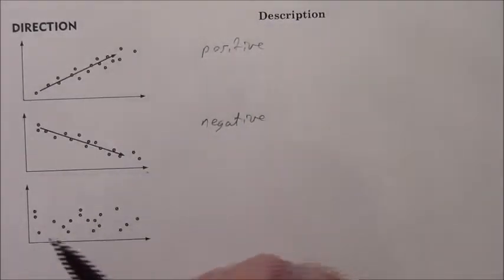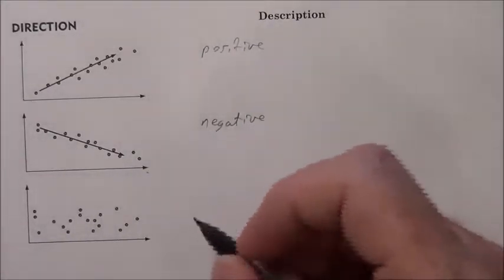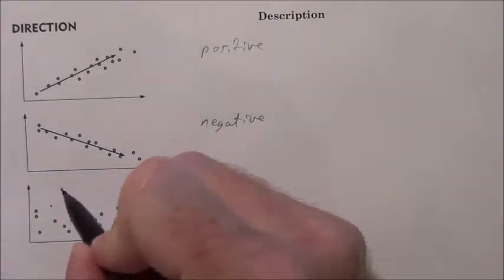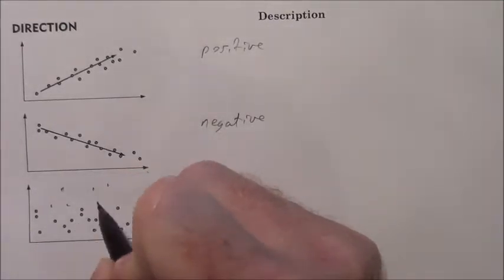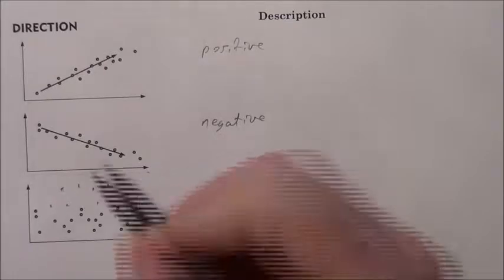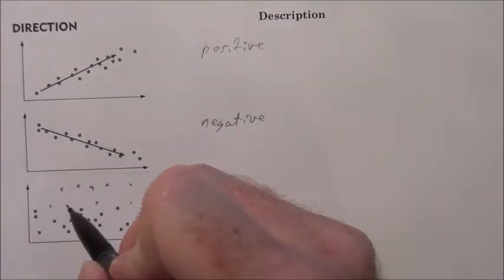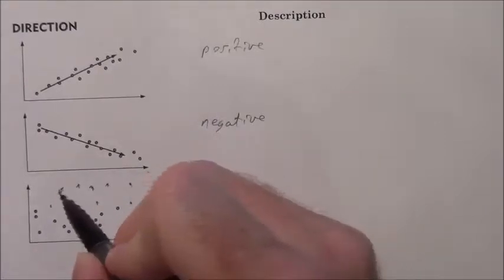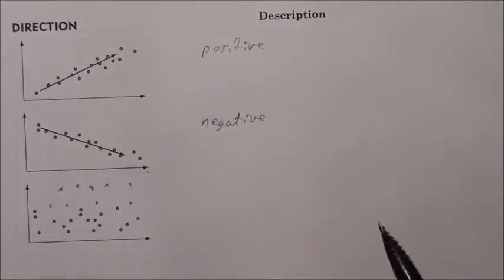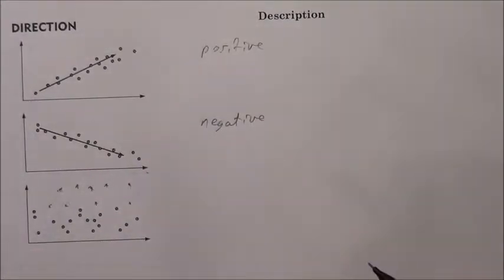And now this one is basically no correlation. I'd like to see a few more points in here to make it look like there's no way that you could actually draw any kind of line or curve through it to show some sort of general trend.